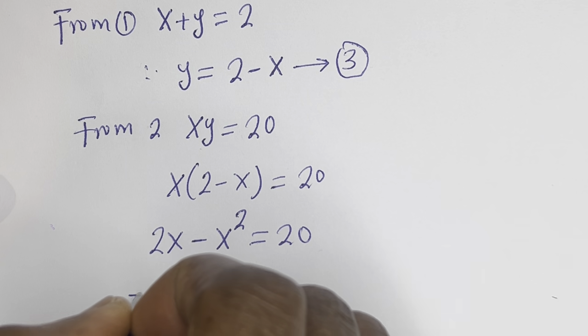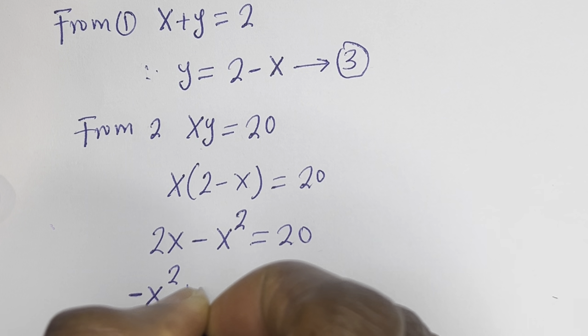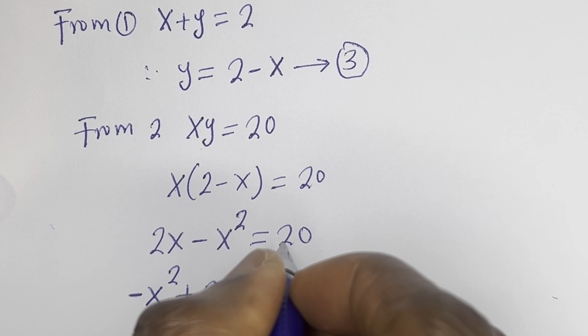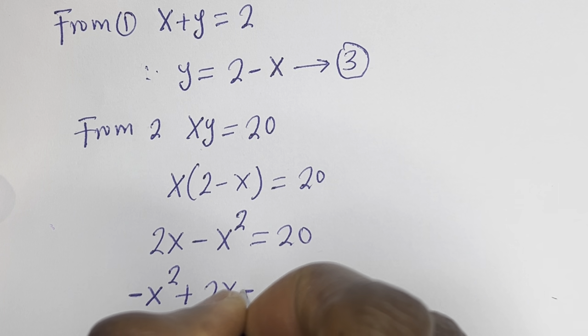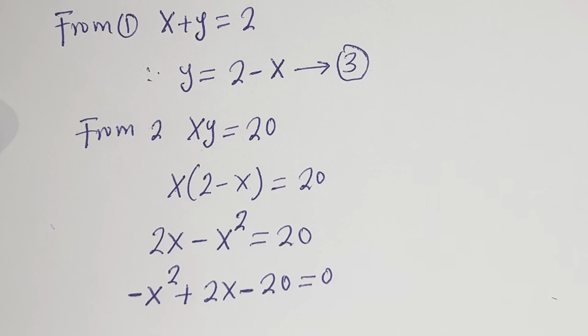Then this is minus x square plus 2x. If you bring this 20 to this side, it becomes minus 20 is equal to 0.